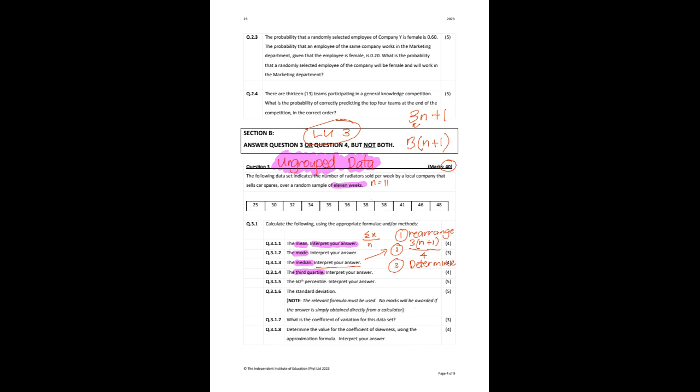Again, if you are multiplying the 3 by the n, you're going to end up with the incorrect answer. So please make sure the n plus 1 is within brackets and then the 3 is on the outside. So that will give you the position of your quartile, and then you will again determine the value in step 3.